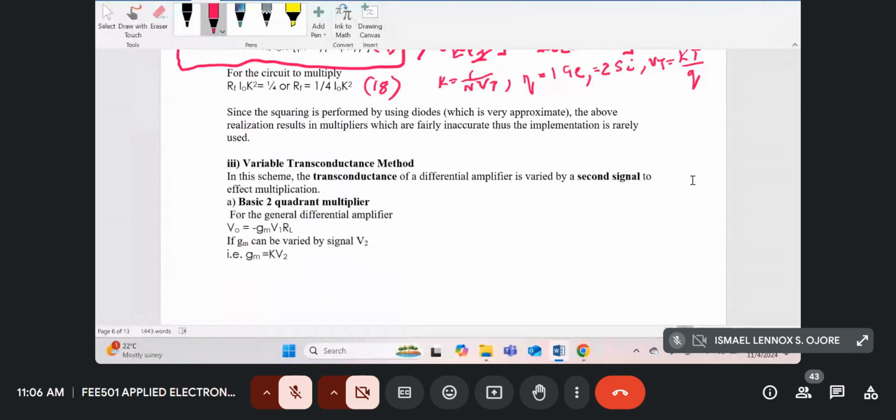So this is a multiplier whereby maybe you can get plus or minus x into y.